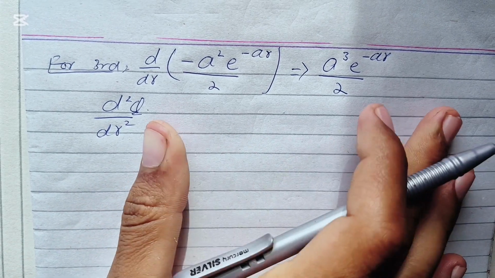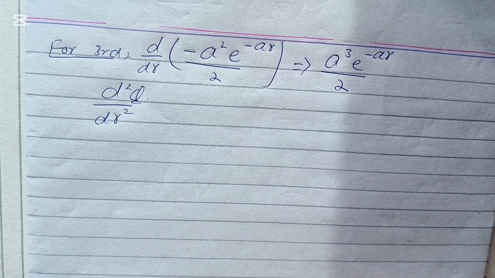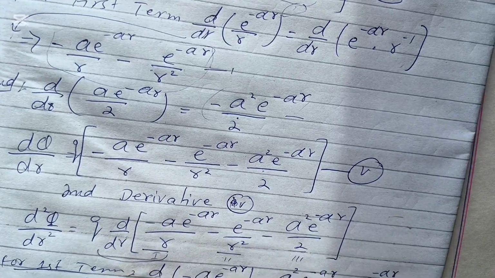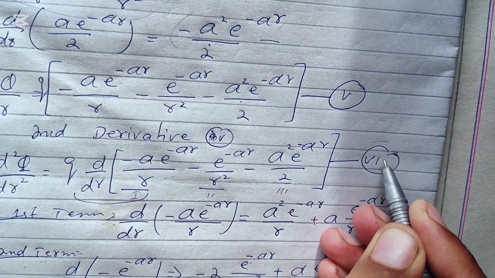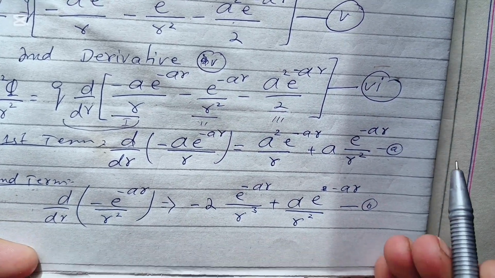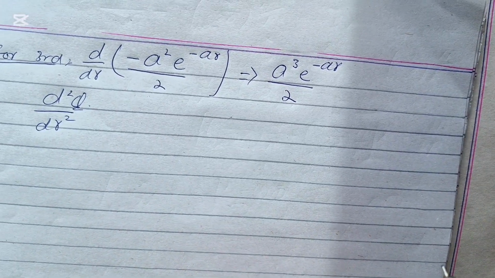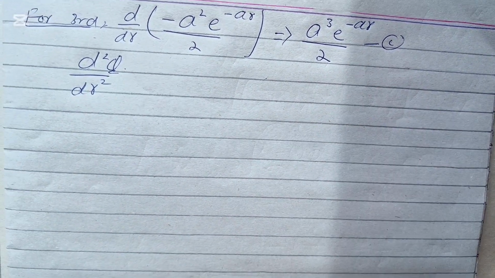Okay, now we will combine all three terms in the equation. Which equation? This is equation number 6. We will combine equations A, B, and the equation C, and put them in equation number 6.